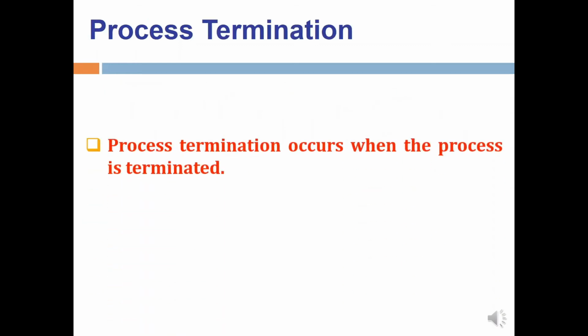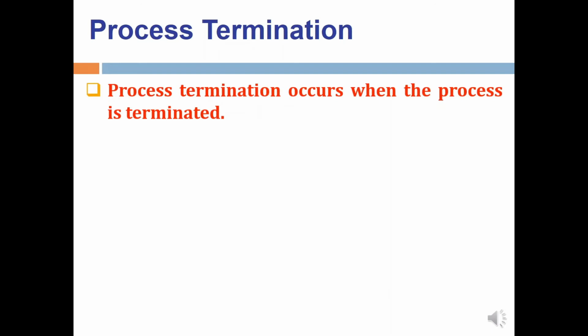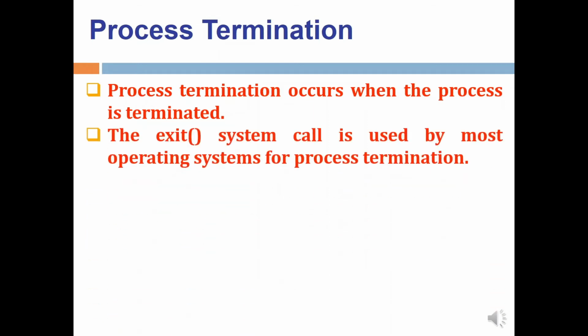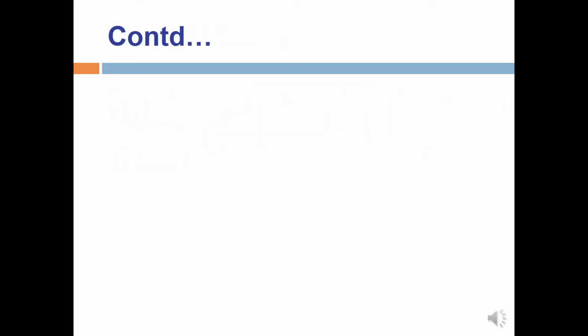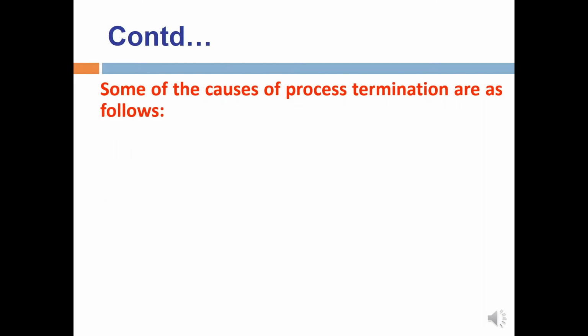There are again various conditions for process termination. Here the exit system call is used by the operating system for terminating a process. Now some of the particular cases follow.